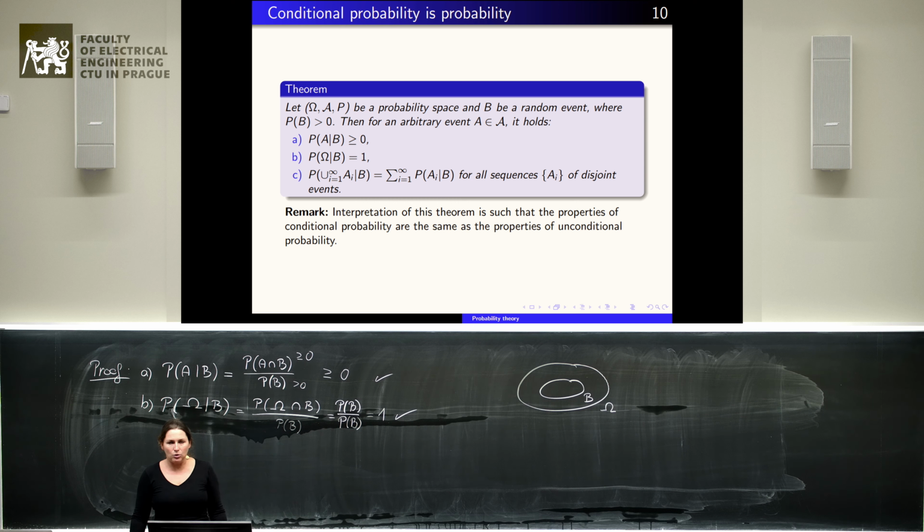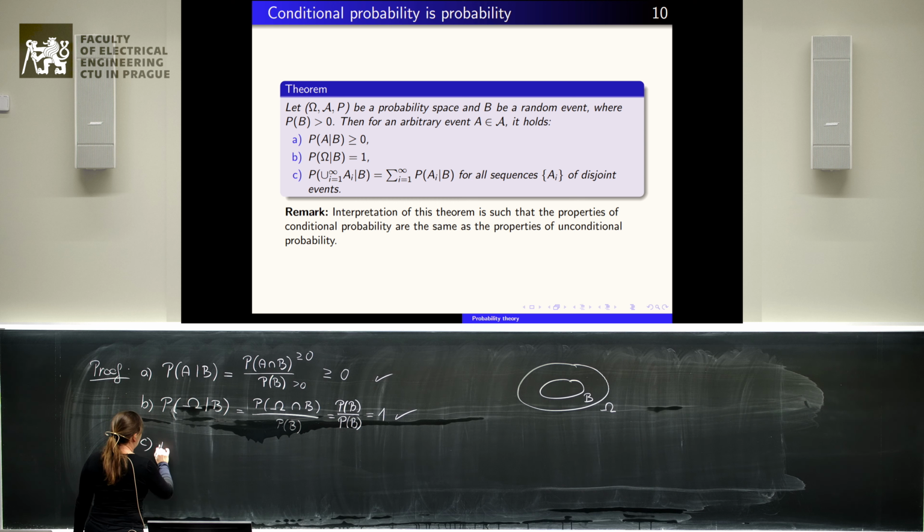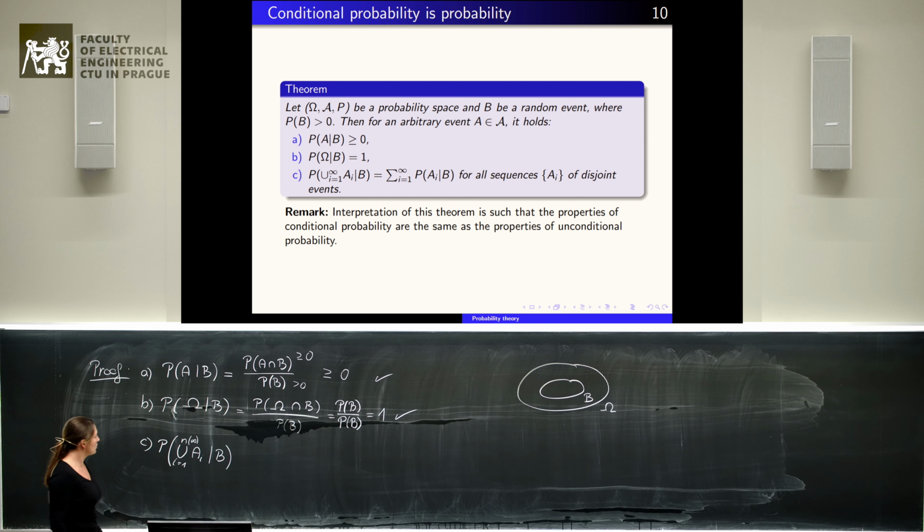The most difficult part of the proof is the proof of the property C, which says that the probability of the union should be calculated as the sum of probabilities. And again, we just add the condition B. But what does it mean, the probability of the union of A_i conditionally on B? Okay, N, which can also be infinity.